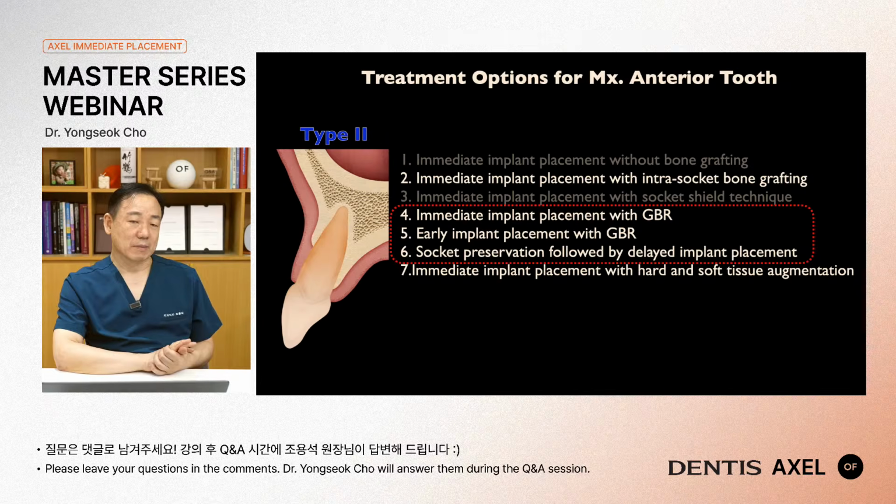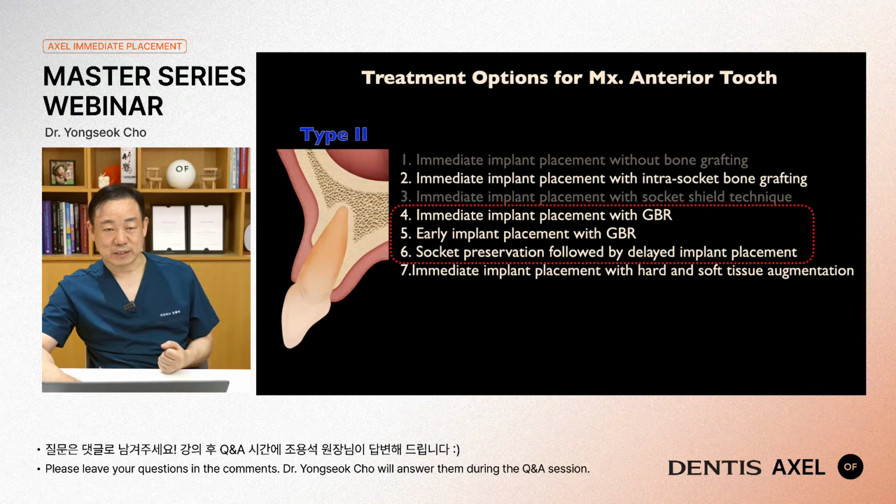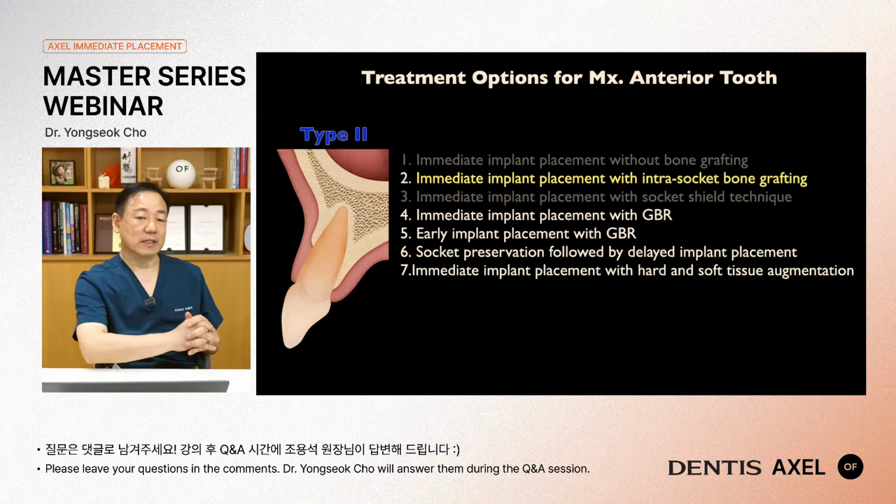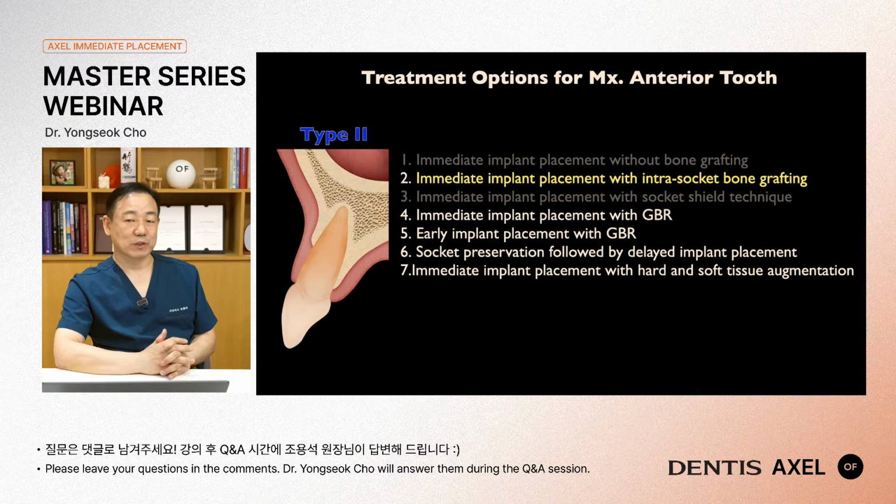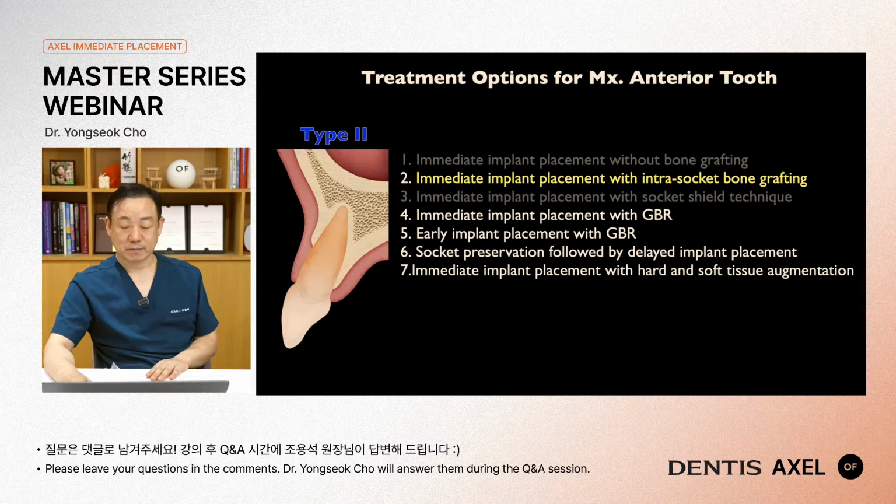If I can make the same outcome, I prefer a simpler way. So in a type 2 extraction socket, my choice is generally the second, immediate implant placement with intra-socket bone grafting. Maybe this is the same as the type 1 extraction socket.